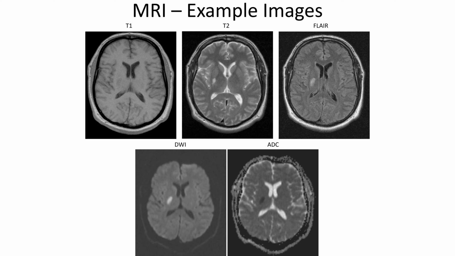Now, the images at the bottom, the DWI and the ADC, these are quite low resolution, but there's a reason for that. These are representing the ability of water to move through the tissue. They're diffusion-weighted images. So a diffusion-weighted image is showing how well can water move through this tissue. And in an area where there's stroke, where tissue has died, you'll see much greater movement of water.